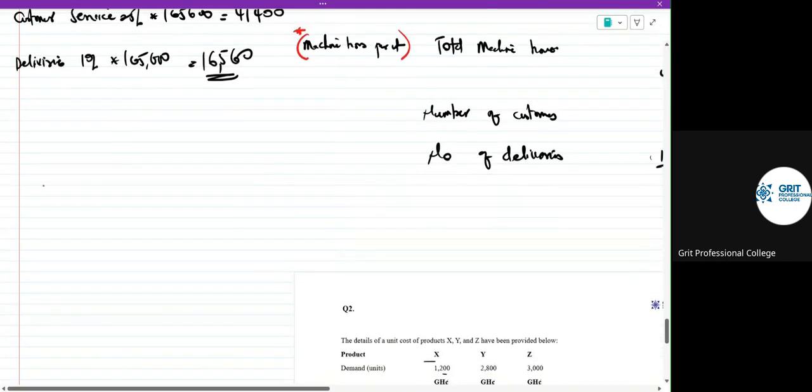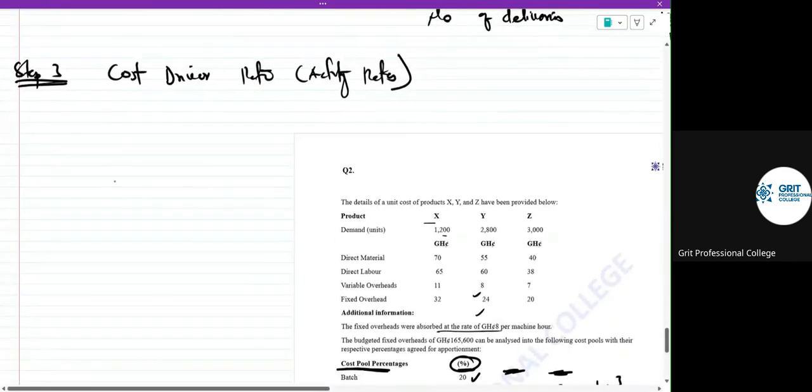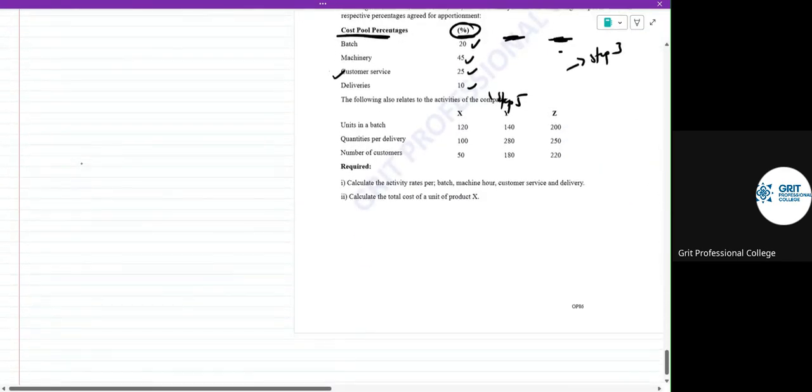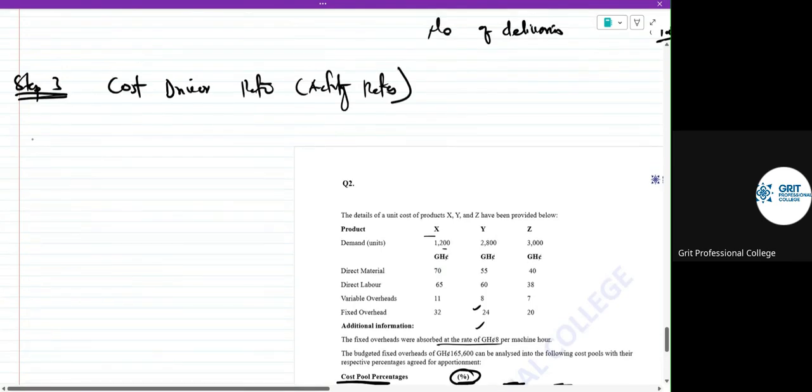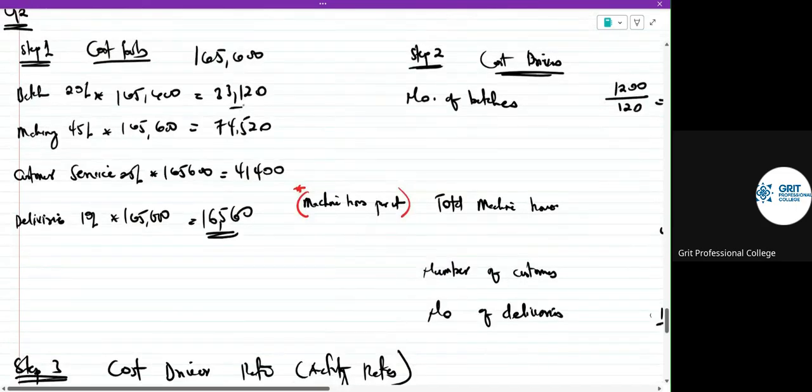All right. So we can proceed to step 3, which is computing the cost driver rate, or what we call the activity rate. It says activity rates per batch. So it clearly means that for the batch side, what we need is the total overhead cost allocated to that pool.